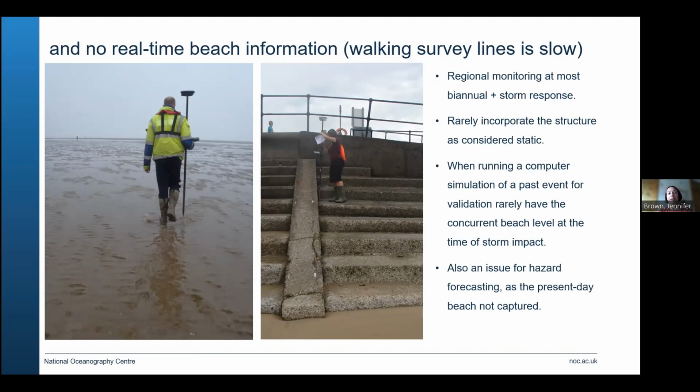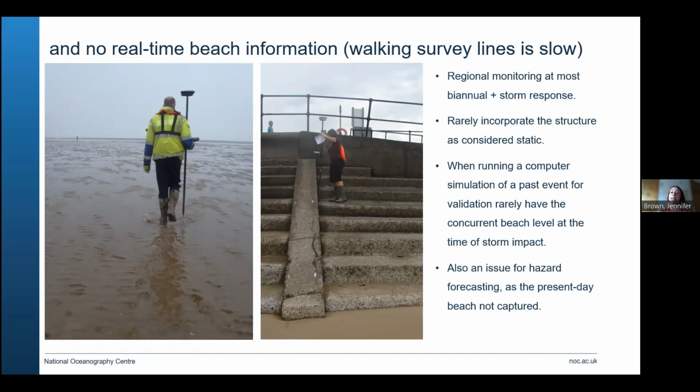Now, the reason we don't collect real-time information is because we haven't got the instruments installed at the beach to be permanently scanning the beaches. And to send teams to the beach more than a couple of times a year is actually very costly, because it's very time-consuming to go out at low tide and start collecting these transects. You have to cover a huge amount of space across a beach area.